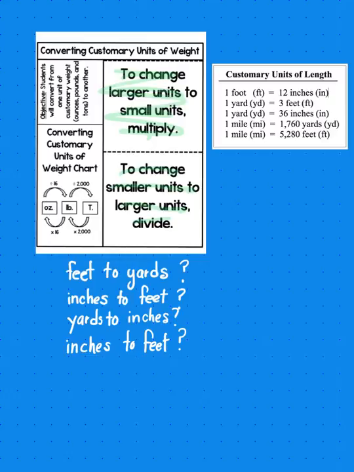So let's review this. If I'm going from feet to yards, that is going from a smaller unit to a larger unit. I am going to divide.